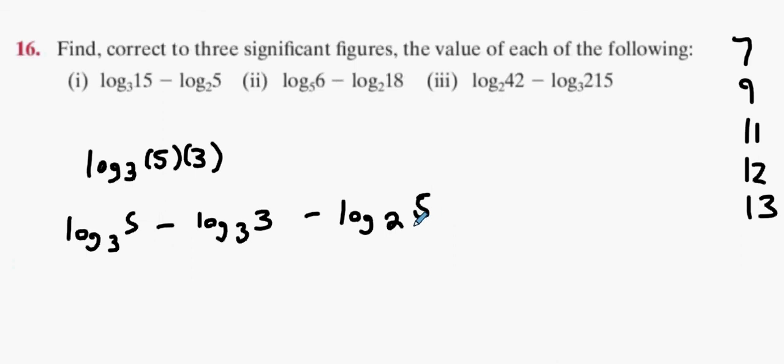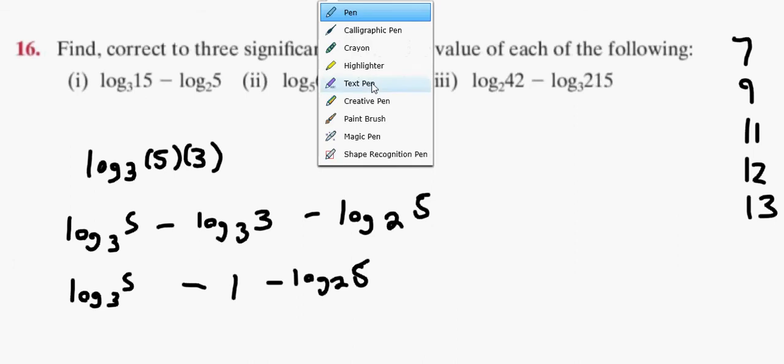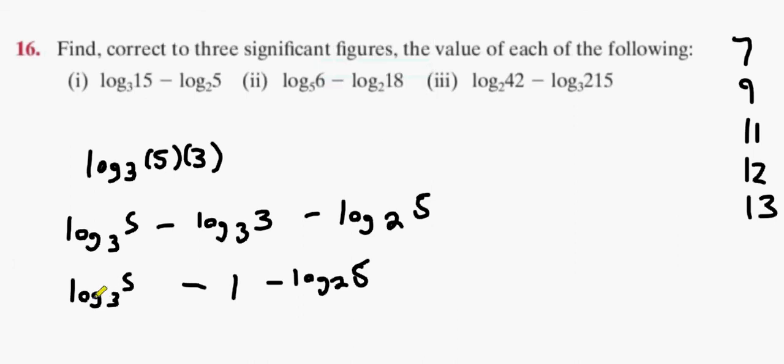Okay. And then they turn that into 1, and then you're left with log 5 base 3 and take away log 2 base 5. Why are the two logs incompatible? Why is there no compatibility between the two of them? Huh? They're not the same base, are they?